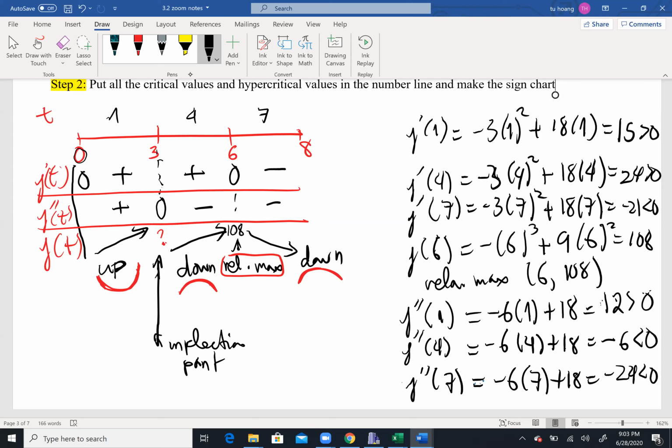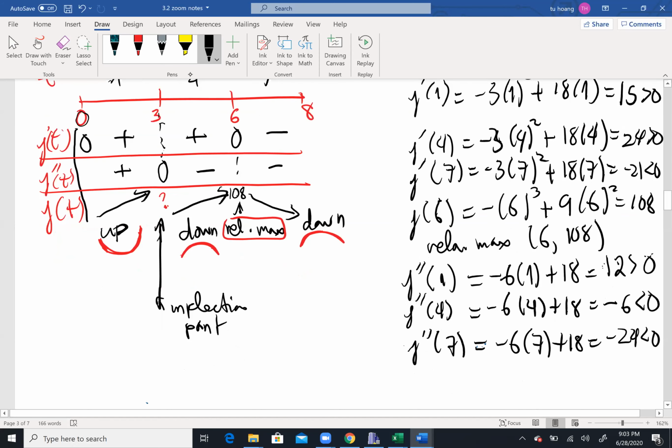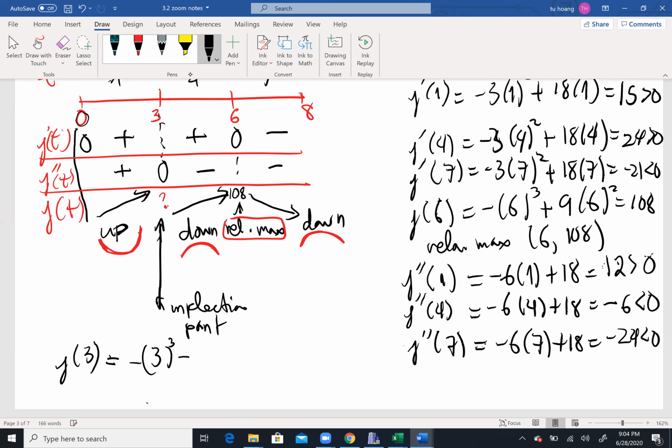So now I need to find that point, right? So I have f of 3 equal to negative 3 cubed plus 9 times 3 squared.